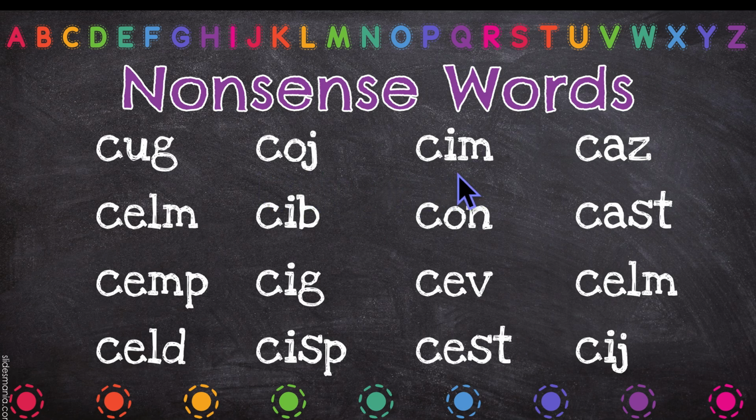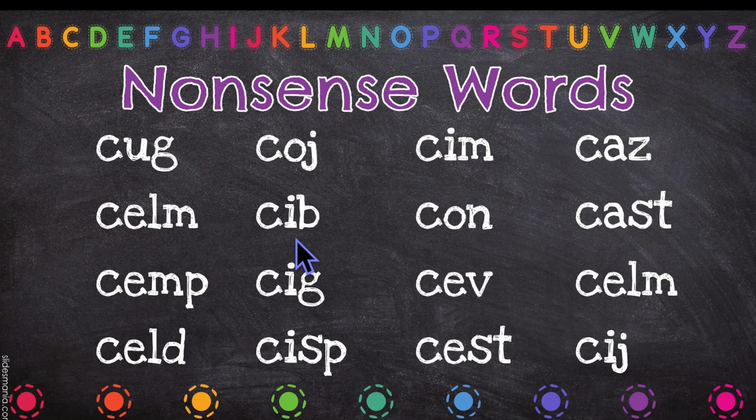Is this an E, I, or a Y? It is. So we need the second sound. S, sim. E, I, or a Y? No. Try the first sound. K, az, kaz. E, I, or a Y? Yes. So we want the soft sound, the S. S, elm, selm.